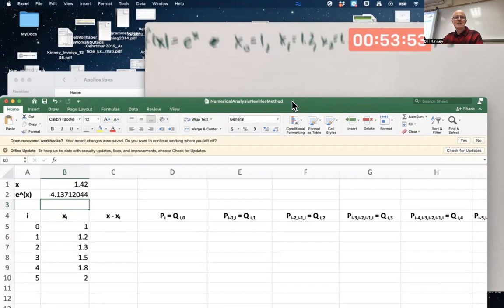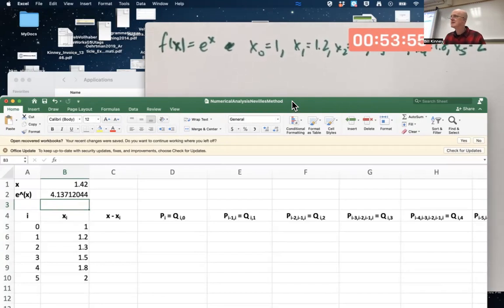How can we try to approximate that with a Lagrange polynomial based on some nodes, in this case 6 nodes, which means we need a degree 5 polynomial? I guess I should say degree at most 5 polynomial, without actually doing what we did in section 3.1 and coming up with the formula for the polynomial. If we're going to do that by hand, that would be nasty here, right?